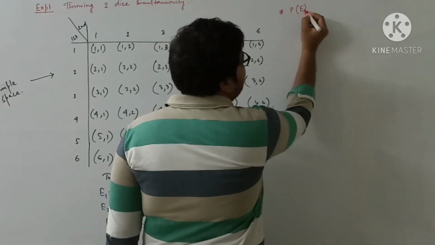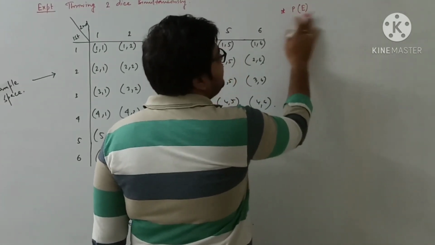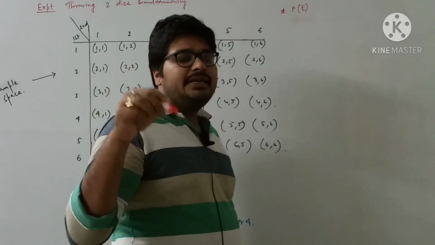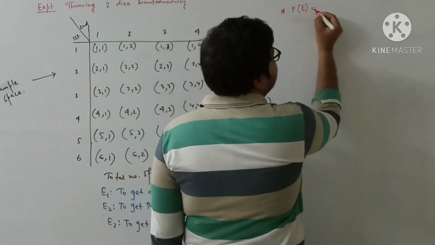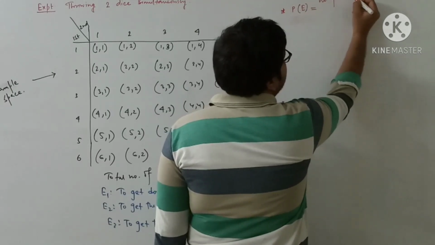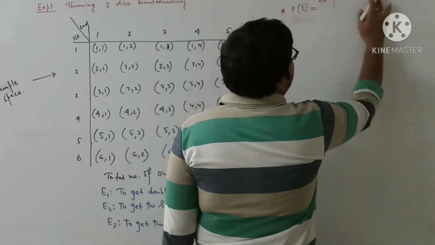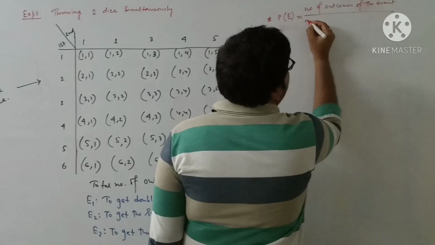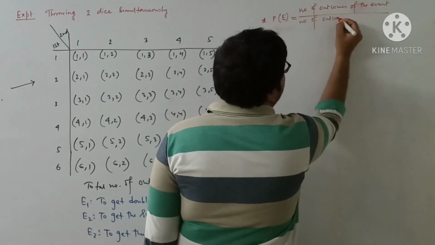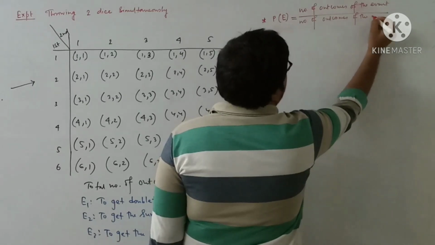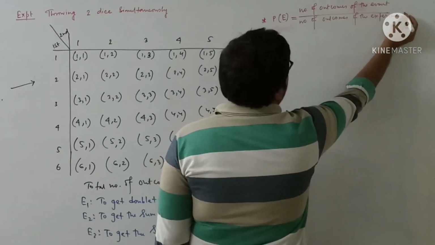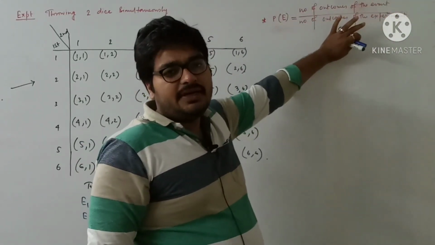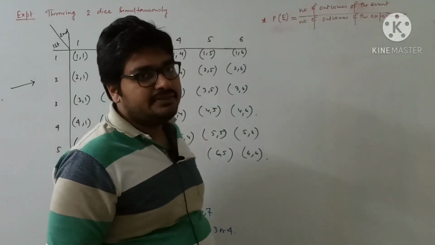Probability of an event, P of E, should be read as probability of an event, equal to the number of outcomes of the event by the total number of outcomes of the experiment. If I do so, we will get the probability.